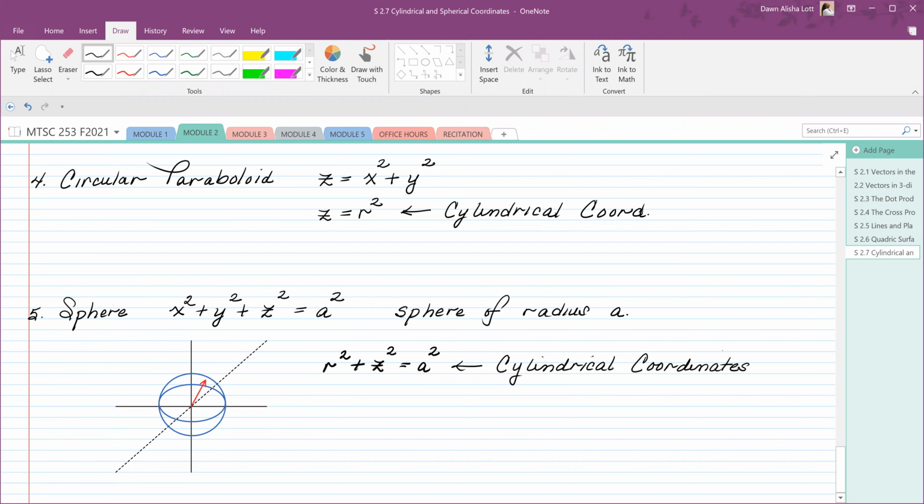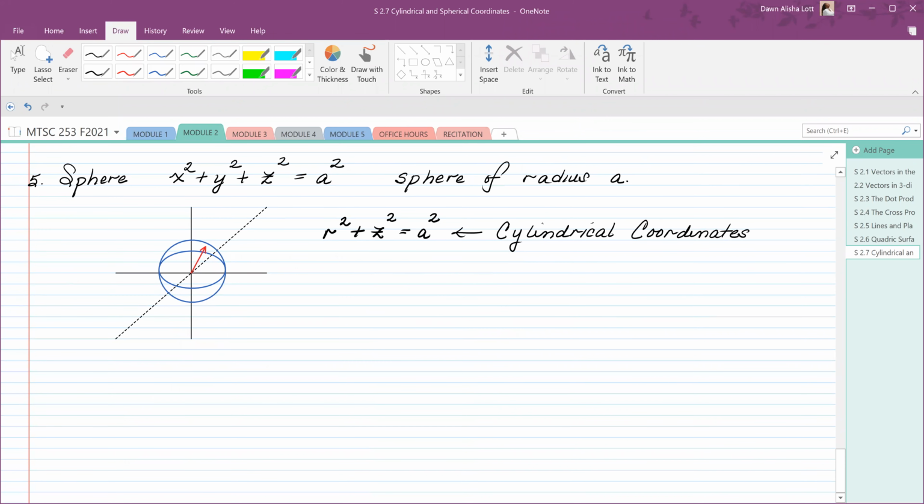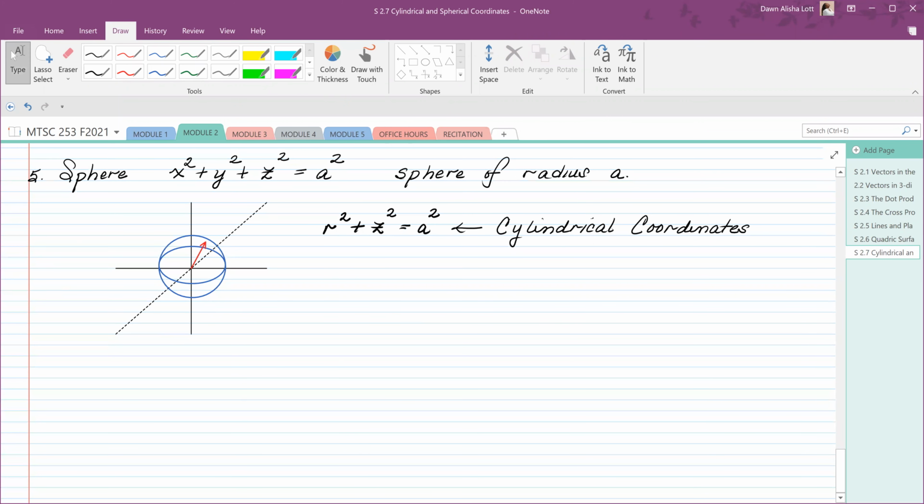Okay, so cylindrical coordinates is the easy one. It's fairly easy to be able to draw everything. The one that is more difficult is spherical coordinates, because Cartesian coordinates is fairly easy.